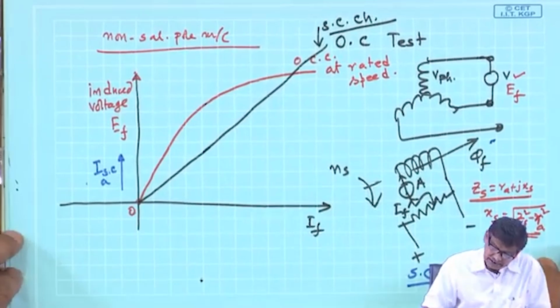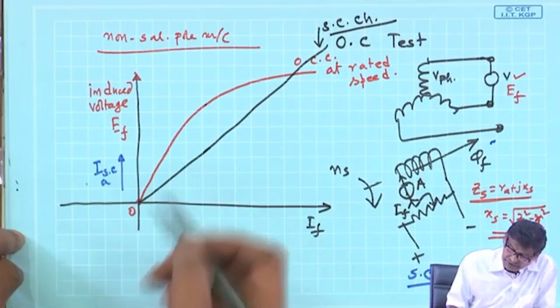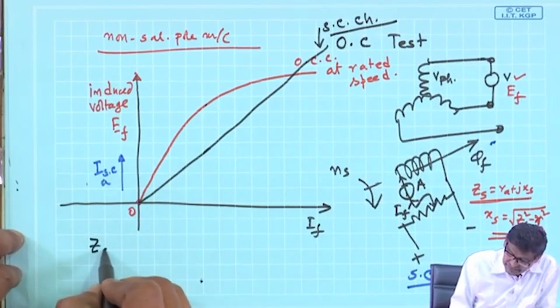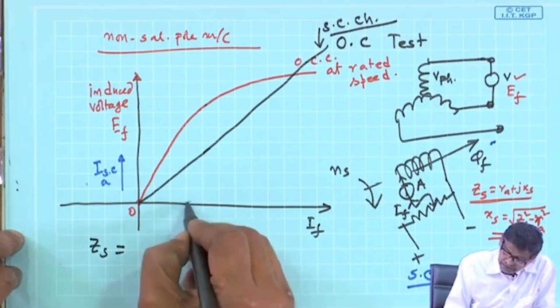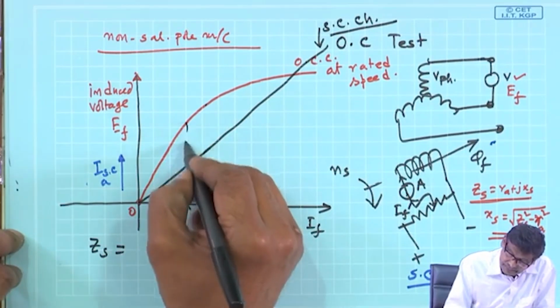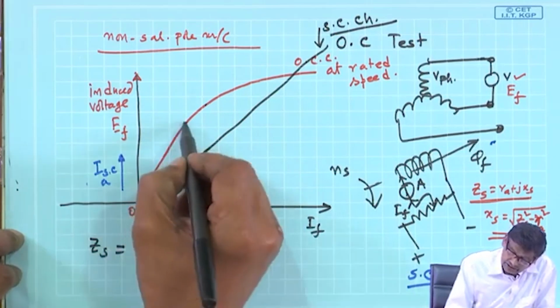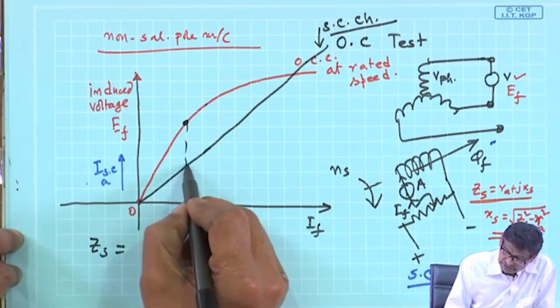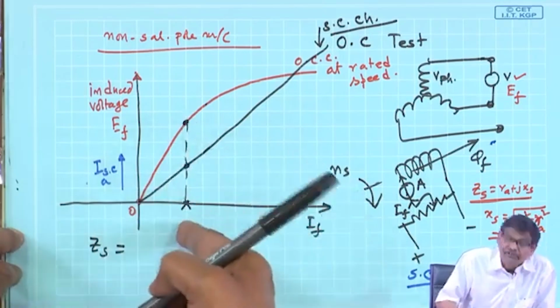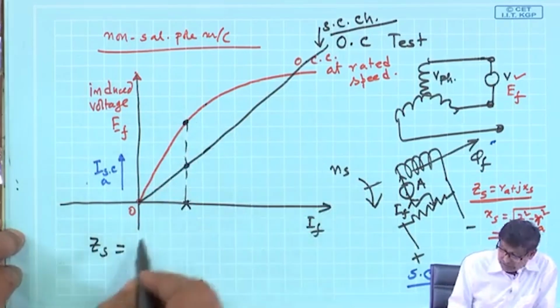And you can then calculate ZS. You take any field current; this is the open circuit voltage, this is the short circuit current, and at the same field current you have to take them to calculate ZS.